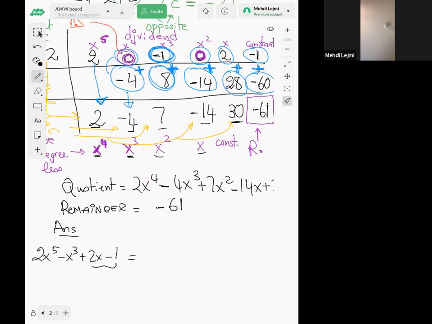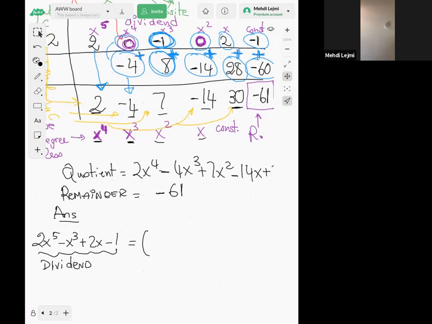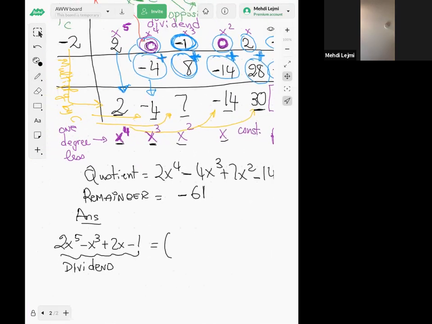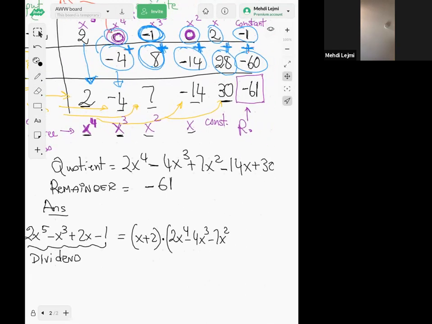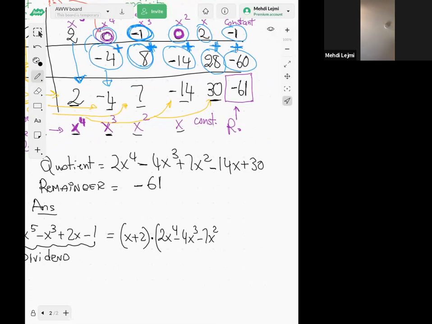This dividend is equal to the divisor, x plus 2, times the quotient, which is 2x fourth minus 4x cubed minus 7x squared minus 14x plus 30.